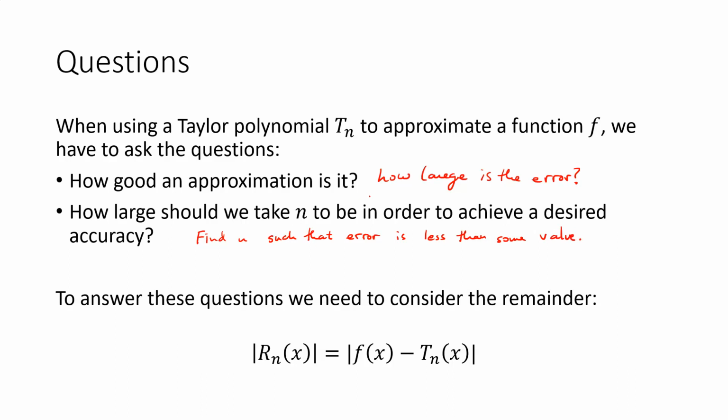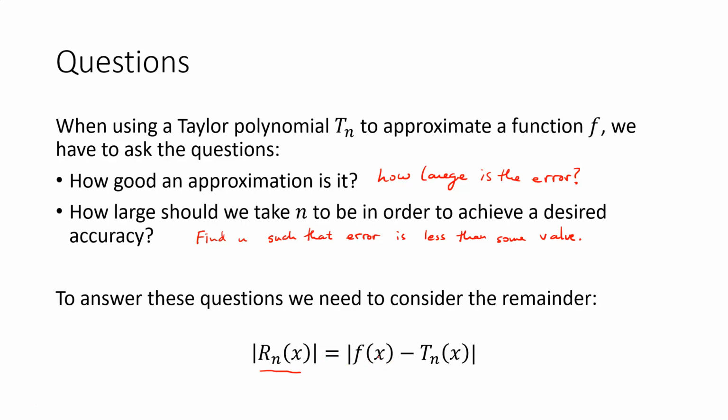Okay, and so both of these questions involve the error, so we need to consider the remainder, Rn, which is essentially the difference between the function and its approximation Tn. We know that in general we can think about Rn in a couple of different ways.